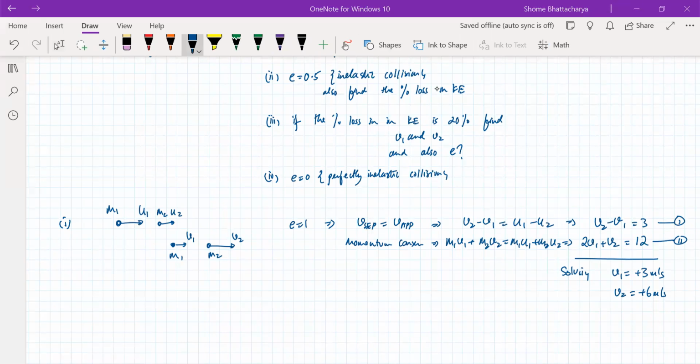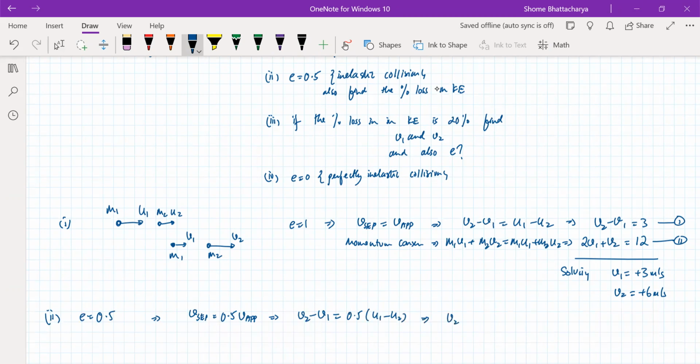Okay, so let's look at the second part now. In the second part, we have taken the coefficient of restitution as 0.5. The difference here will be that the separation velocity will be 0.5 times the approach velocity. So V2 minus V1 will be 0.5 times U1 minus U2.